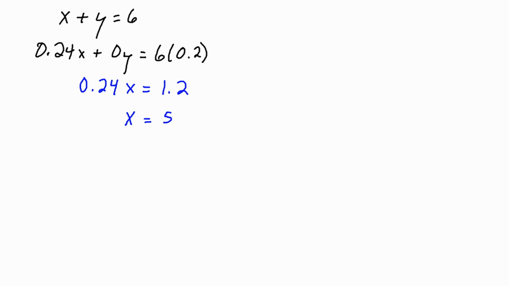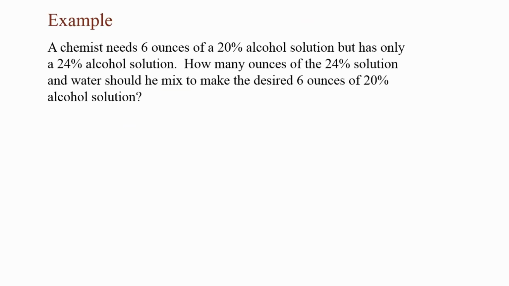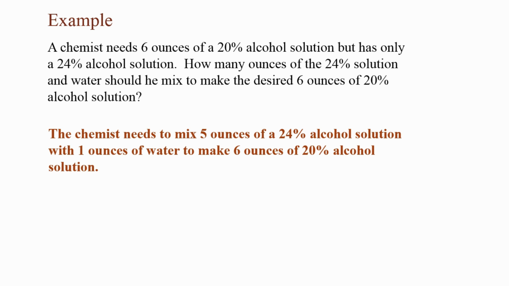Using substitution, x plus y equals 6, 5 plus y equals 6, y equals 1. So that means the chemist needs to mix 5 ounces of a 24% alcohol solution with 1 ounce of water to make 6 ounces of a 20% alcohol solution.